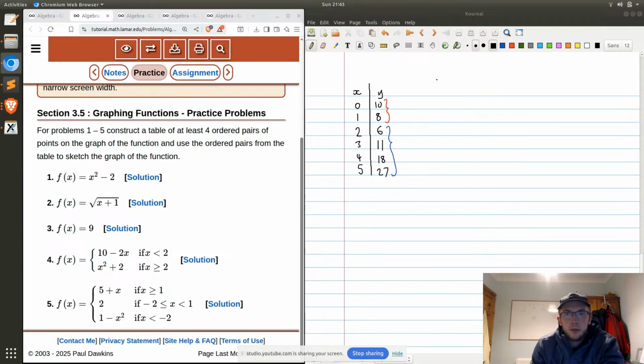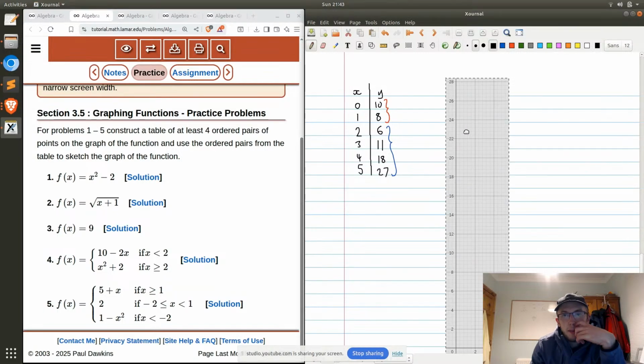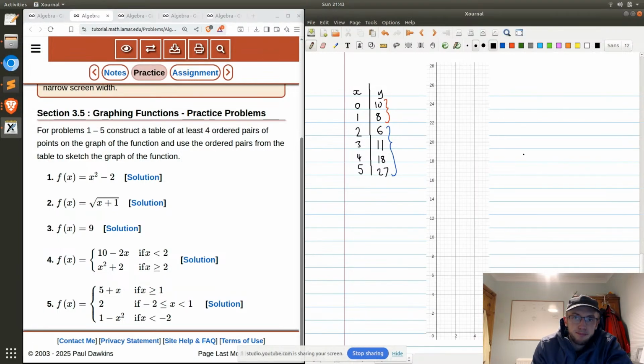Now, best practice here would actually be compressing the values on the y-axis, something like that. But nonetheless, we proceed. So for this part of the function, at 0, we read 10.